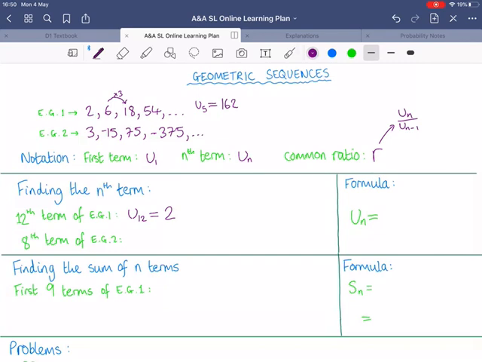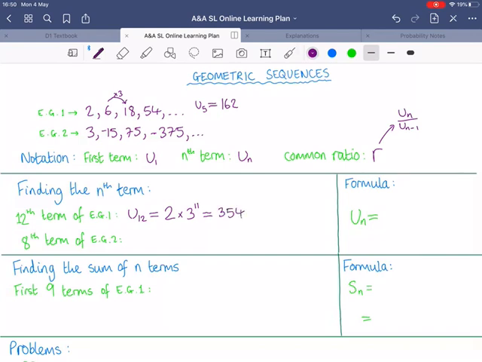I could start off with the first term, and start multiplying by 3, by 3, by 3, and how many times do I need to do it? Well, it's not 12 times, it's 11 times. There's 11 gaps, if you will, between the first and 12th terms, and we should know by now that repeated multiplication can be written with an exponent, so 2 times 3 to the power of 11.